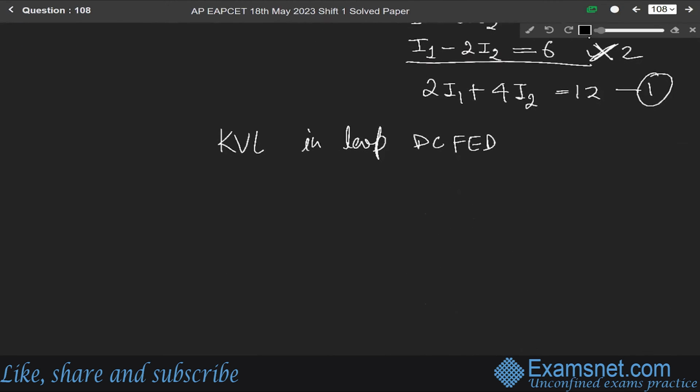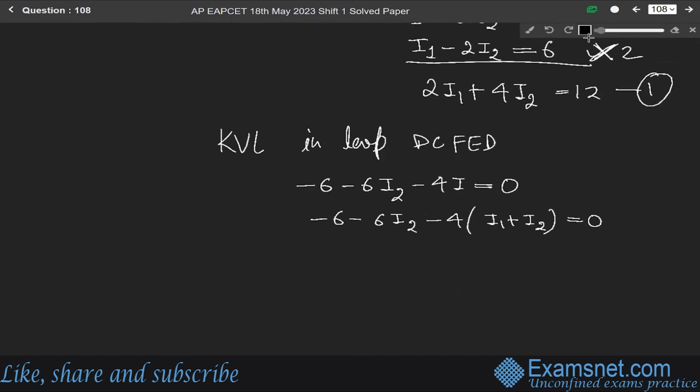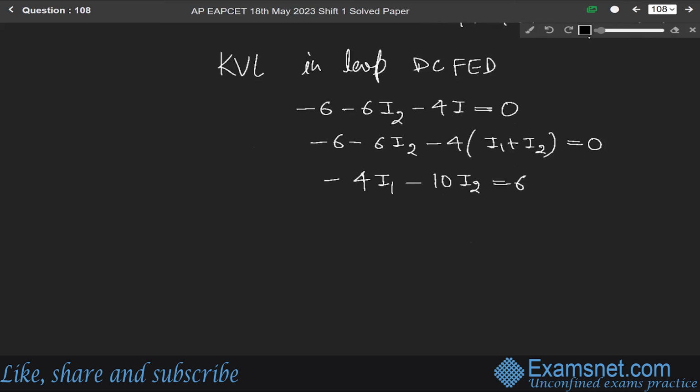So writing it, we get minus 6 I2 minus 4 (I1 plus I2) equals 0. So minus 4I1 minus 10I2 equals 0, meaning 2I1 plus 5I2 equals 0. Let us say this is equation second.